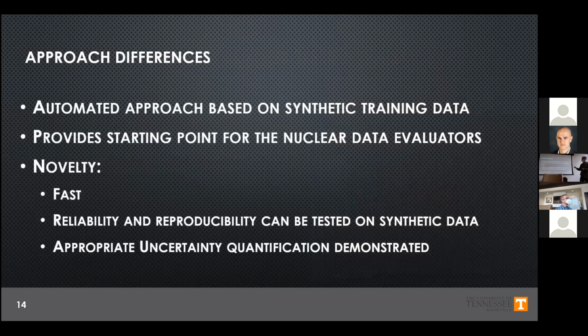By giving them an initial starting point, our method is fast and it can be reliable and reproducible from evaluator to evaluator. These evaluators are getting the same starting point in those initial solutions. Additionally, we'll be able to demonstrate that our uncertainty size is appropriate given that experimental data, as our uncertainty is coming directly from the experimental data and not having to be done by the evaluators trying to fit that data from what they think is the best fit.